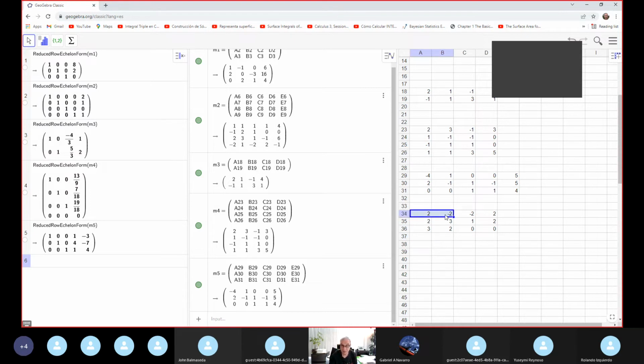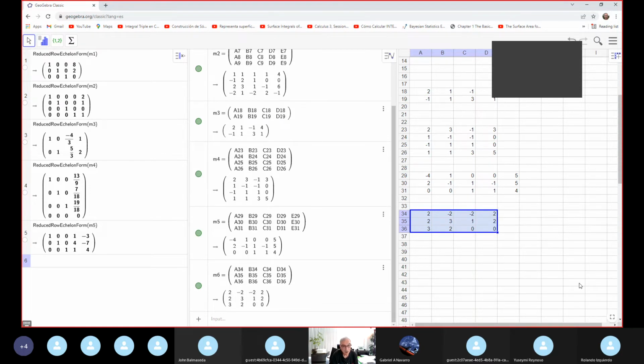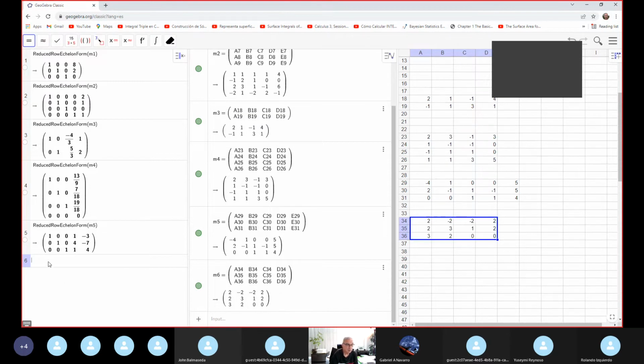Select the array of numbers and you convert to matrix. Wow, matrix 6, because that's example 6. Now you copy reduced row echelon form of matrix 6.